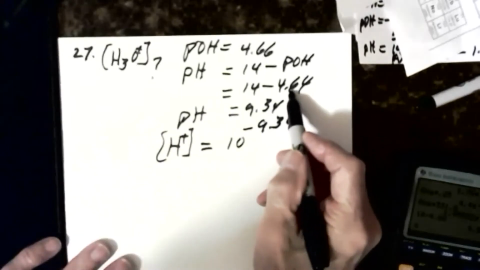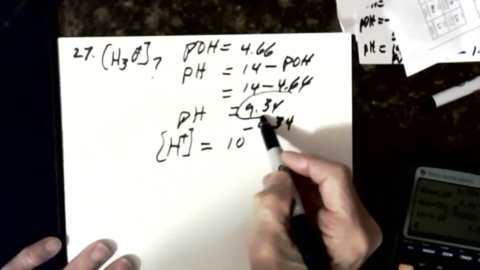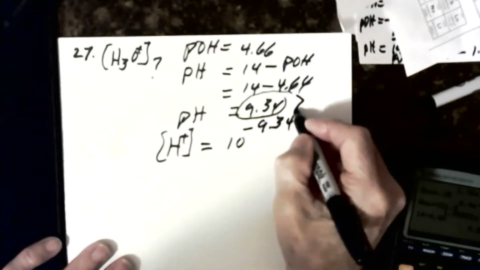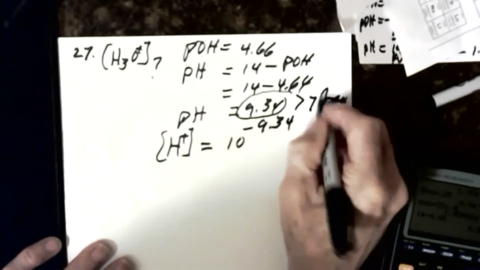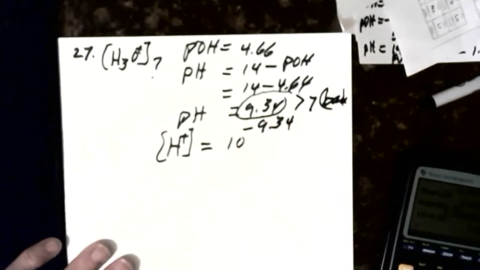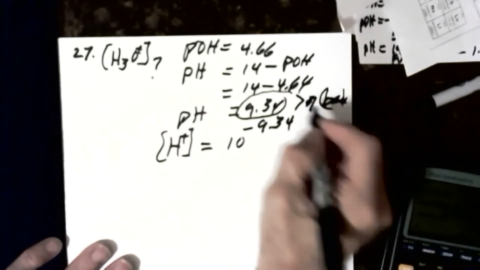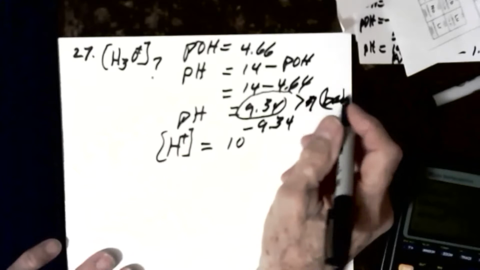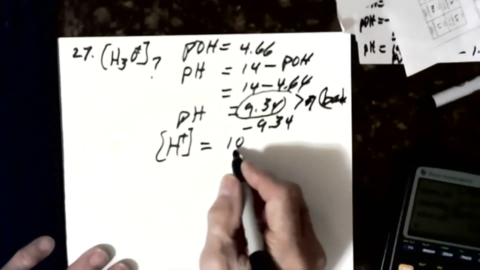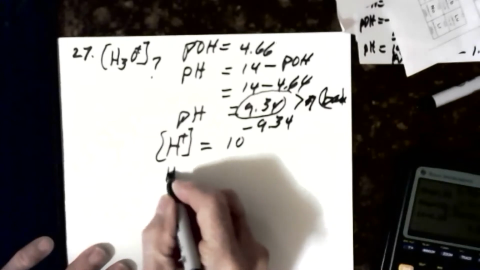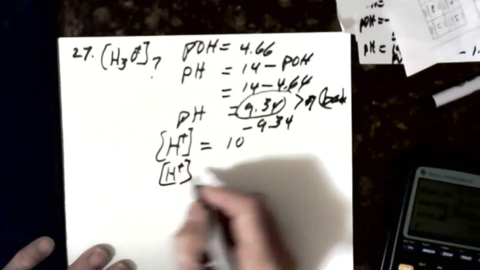Now you can see already the pH is greater than 7, so that's a base. So it is basic, so I can eliminate B and C on the answers already.